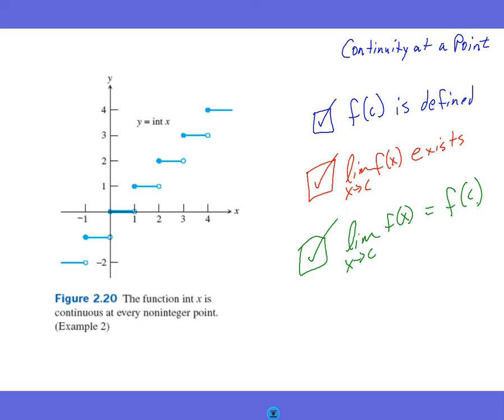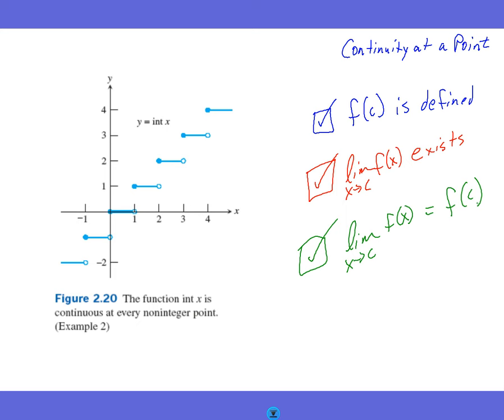All right? So that's what I want to do real quick here for this one. And if you notice, this particular function, our step function, is not continuous at each of my integers here. It jumps. It's not continuous.